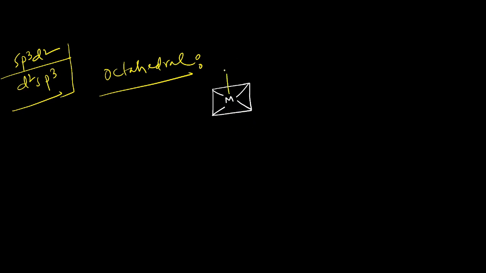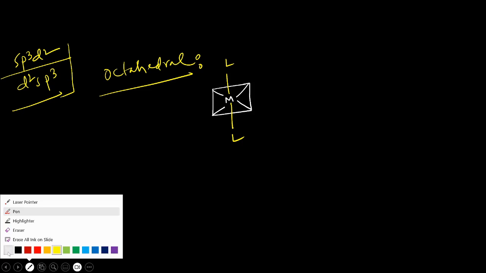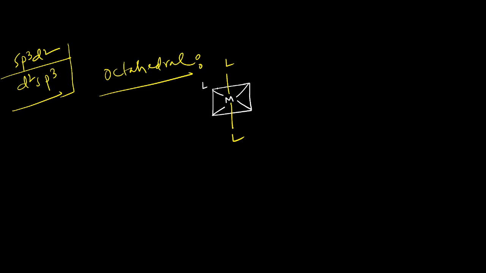A ligand possesses a position above the plane and another ligand remains at the bottom or below the plane, and the rest of the four ligands are placed at the four corners of the square, right? So this is the octahedral geometry.